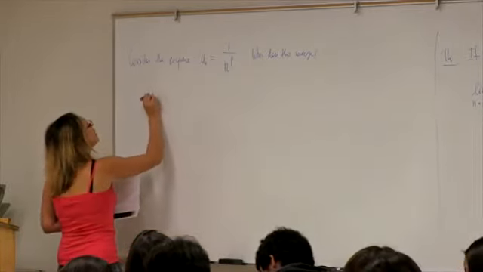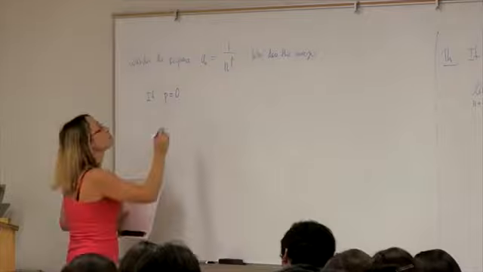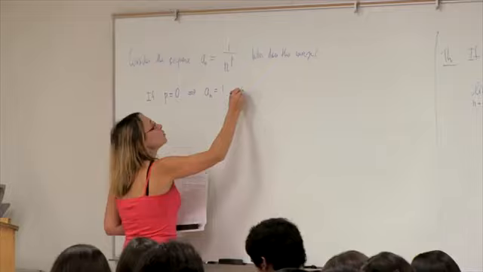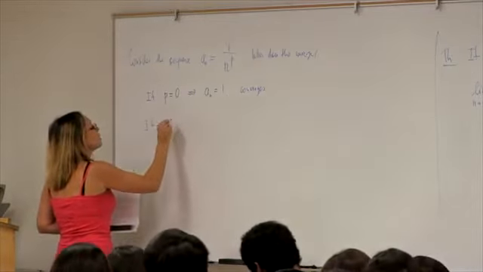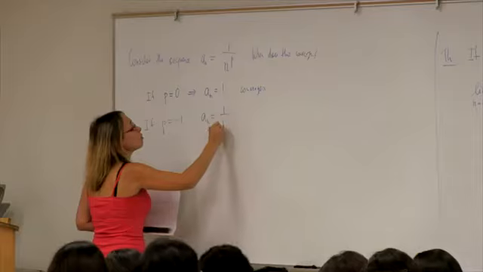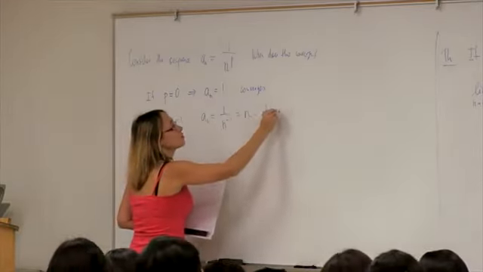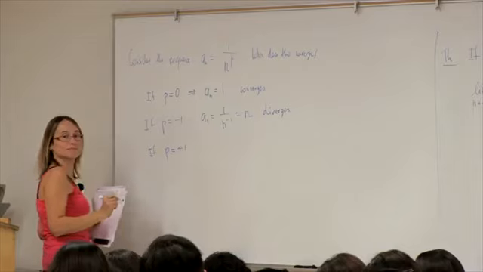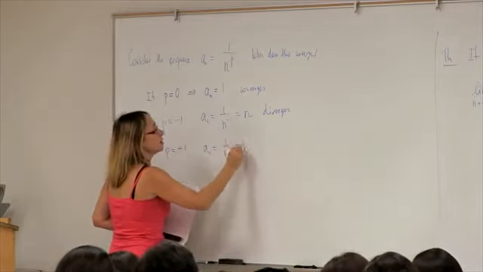So if p equals 0, then we can say that a_n is equal to 1, converges. If p is equal to minus 1, a_n is 1 over n to the minus 1, so it's n. It diverges. If p is equal to plus 1, a_n is 1 over n, converges.